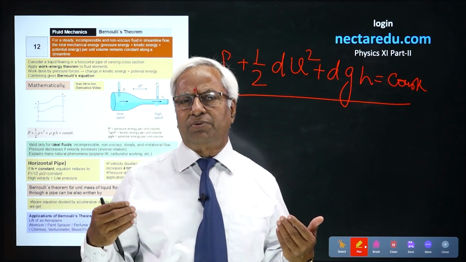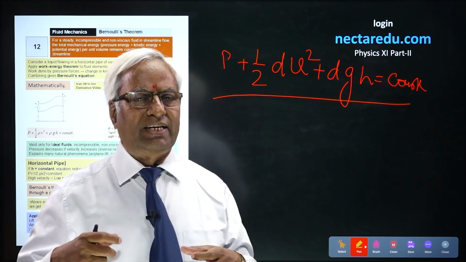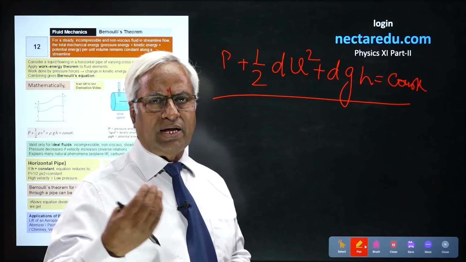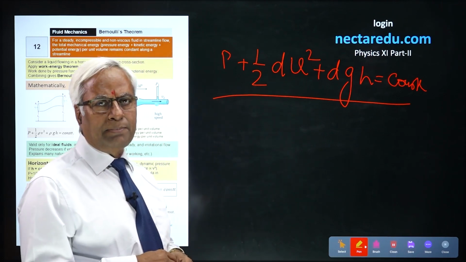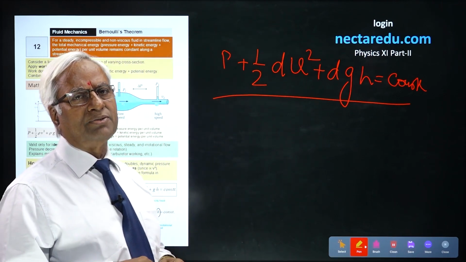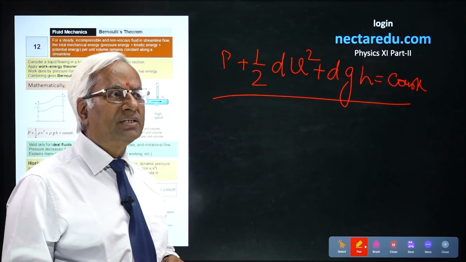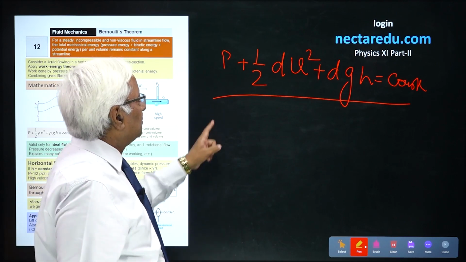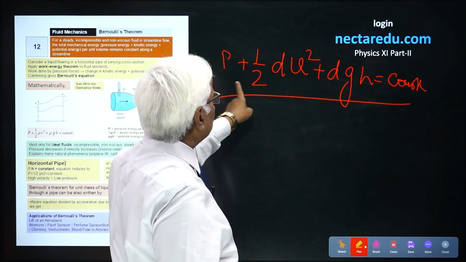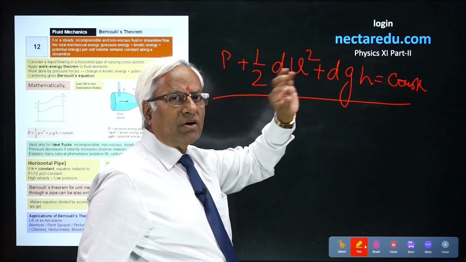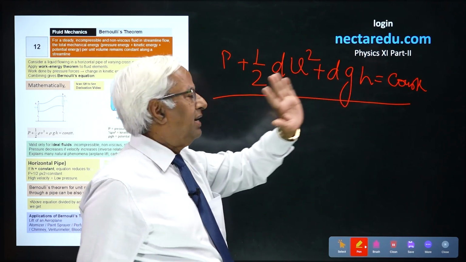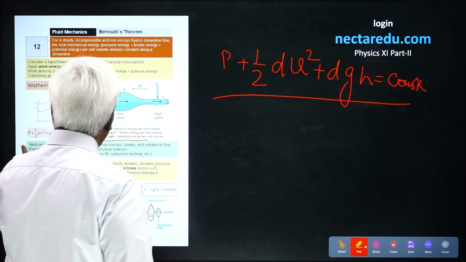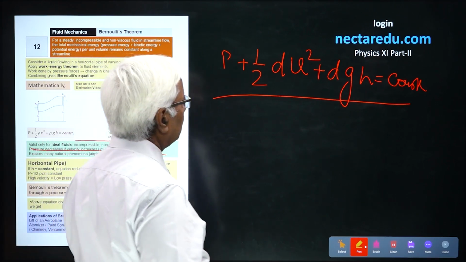None of the liquids or gases in nature are ideal. It's purely hypothetical, the same as when we consider a smooth surface frictionless, which is also not actually possible. So this theorem is applicable only for ideal fluid in streamline flow, and that's what is written here exactly. The condition is also imposed over here.